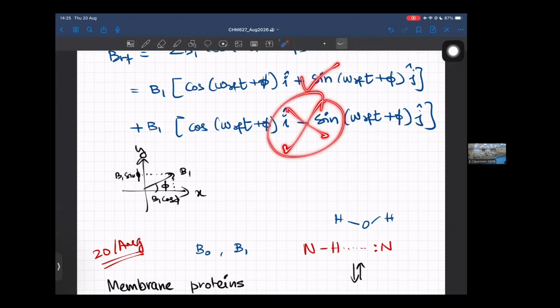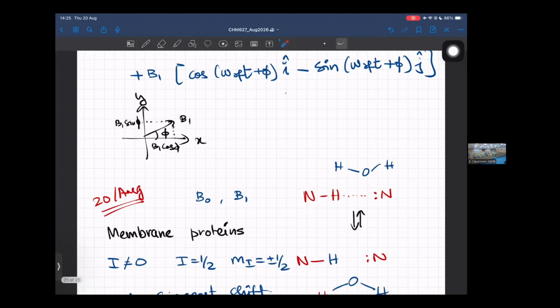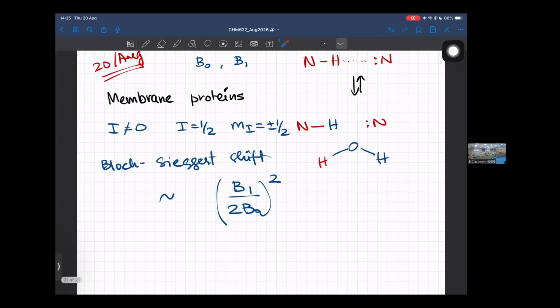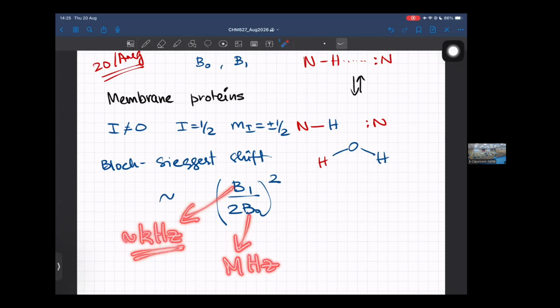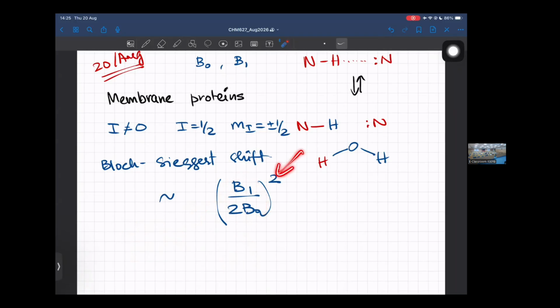It doesn't mean this doesn't interact at all. It interacts, but to a very, very small extent. As we go forward, you will realize that B1 is generally applied in kilohertz, and B naught is in megahertz. Since it's a ratio of kilohertz to megahertz squared, you realize that the counter-rotating component will not have much of an influence.